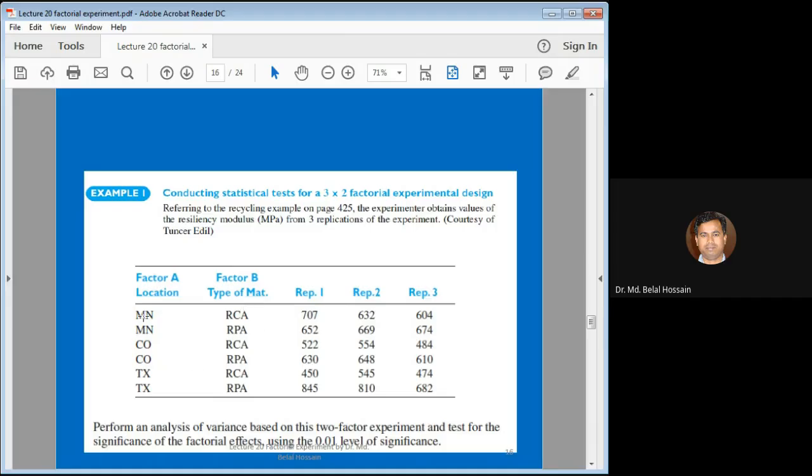And all possible combinations of the 3 locations we had and 2 types of material combinations. So you have 6 possible combinations, and then with 3 replications.